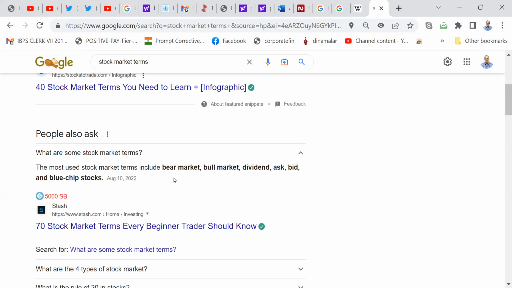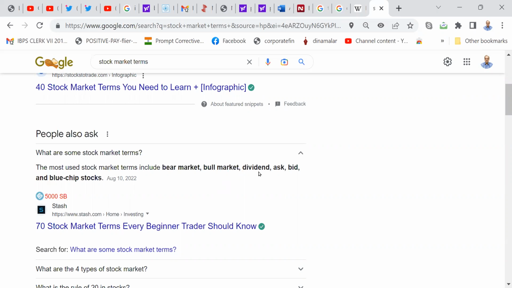Bear market is what is happening now. Everybody is selling shares with the fear, they want to reduce their losses. So now it is happening, bear market. What is a bull market? During Adani's days, when he wanted to improve the price, he was going on the venture of say speculation. He was going on buying shares to increase the price.